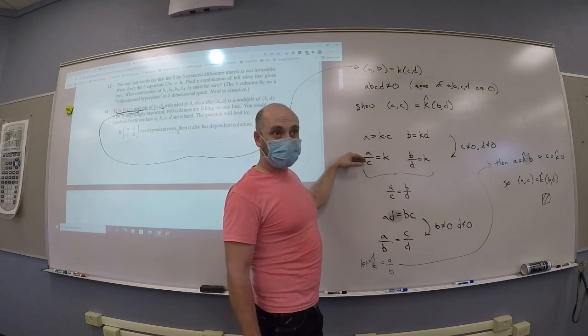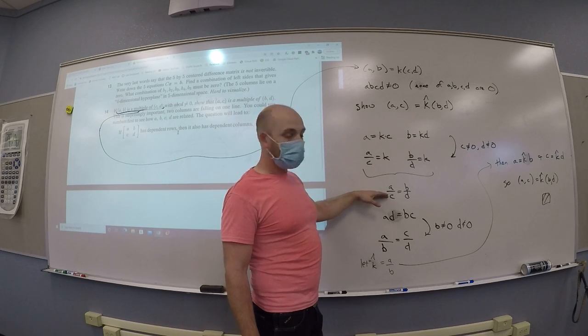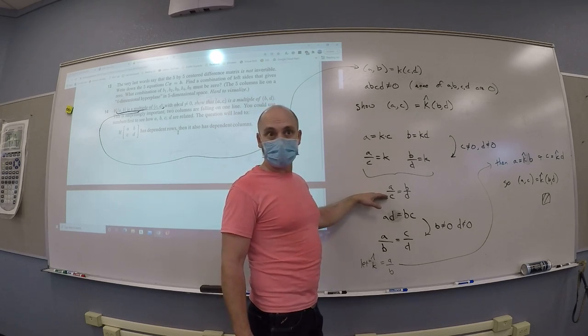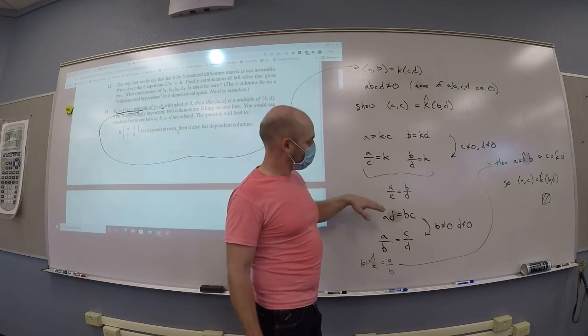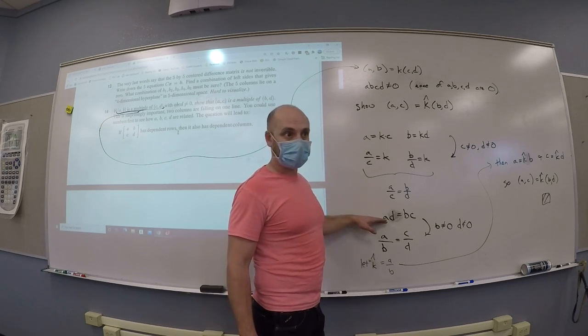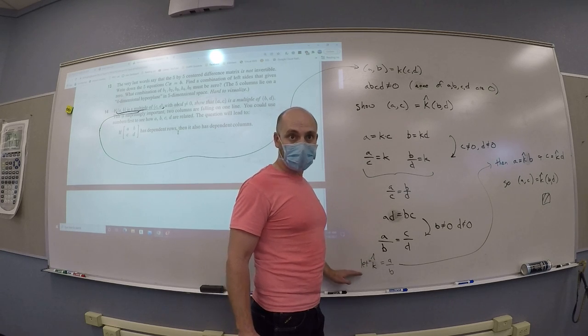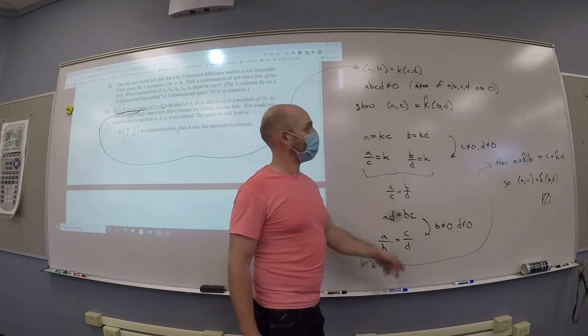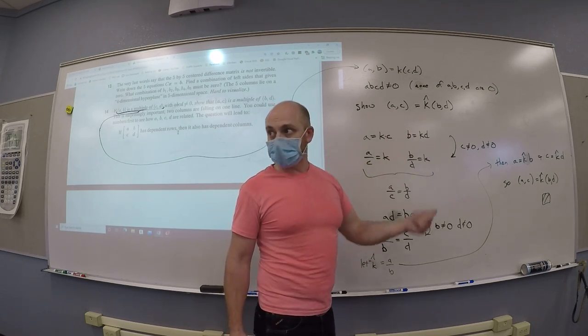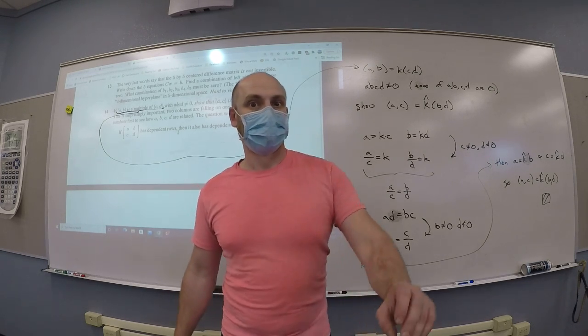We can divide because b and d are not 0. Because they're equal to the same thing, that means this. Multiplying both sides by dc, I get this. Dividing again, I get this. Let k hat be the common ratio. Then, so, check, done. Good?